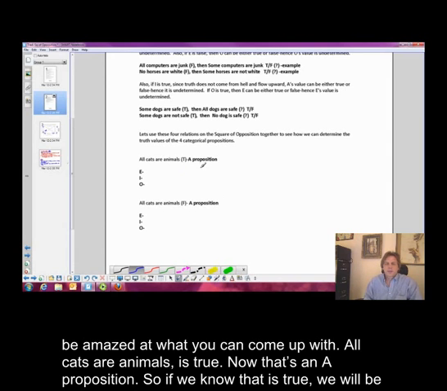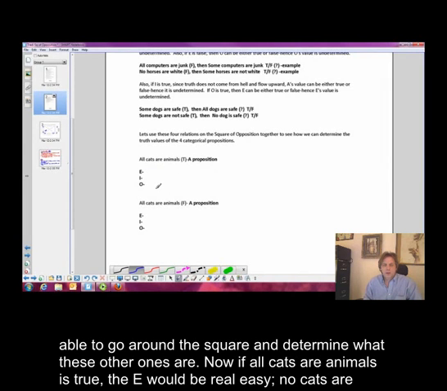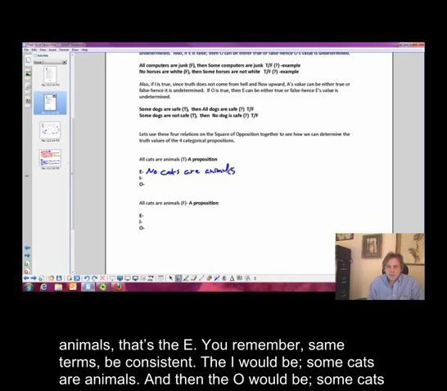All cats are animals is true. Now that's an A proposition, right? So if we know that is true, we will be able to go around the square and determine what these other ones are. Now if all cats are animals is true, the E would be real easy. No cats are animals, right?